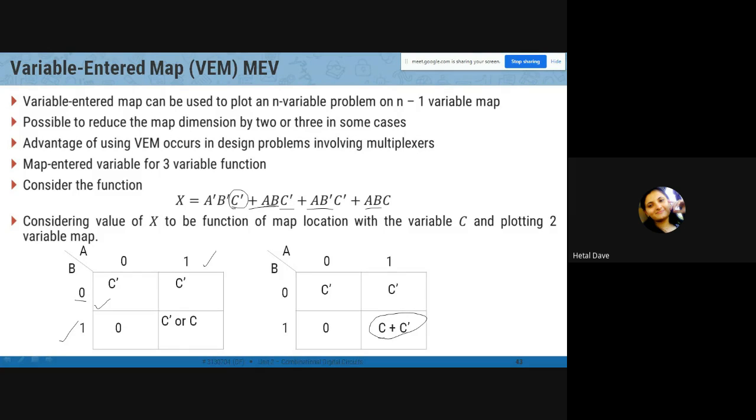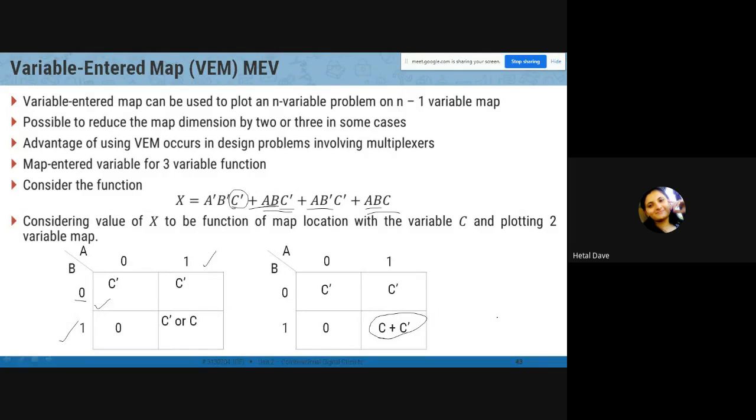They are talking about this particular cell, the value either C or C bar. They are not talking about whether the Cs are ORed together or ANDed together. For this cell, C can be in normal form or complemented form, because it is given in both terms over here. So this cell is either C or C bar. This is the construction.